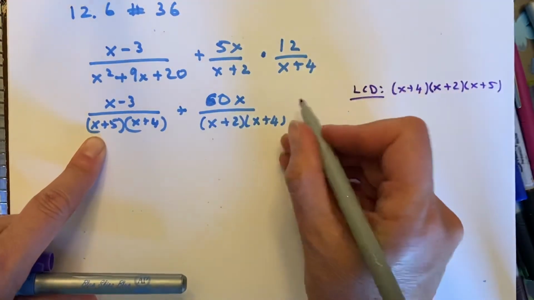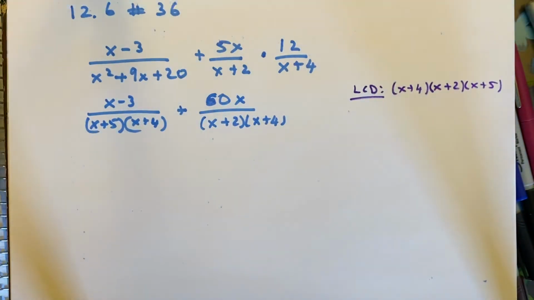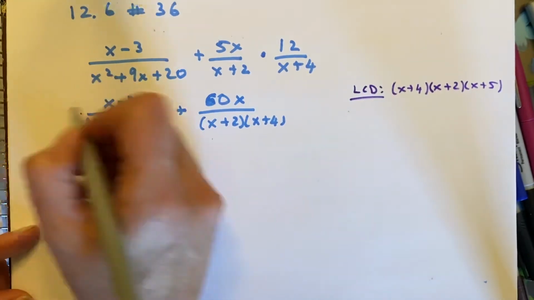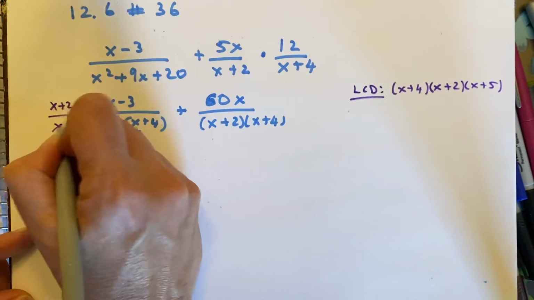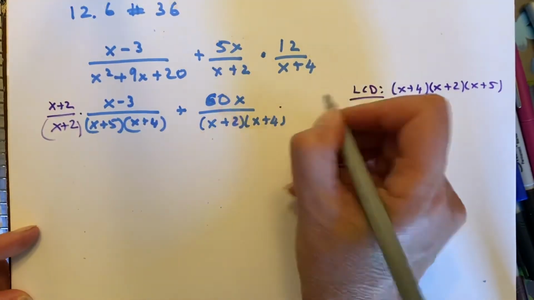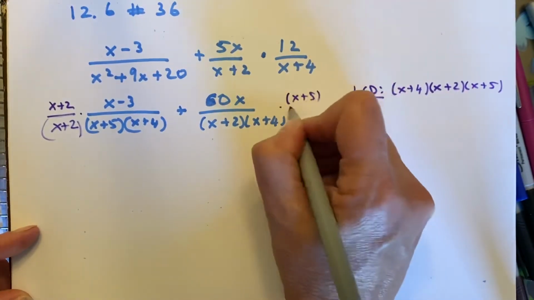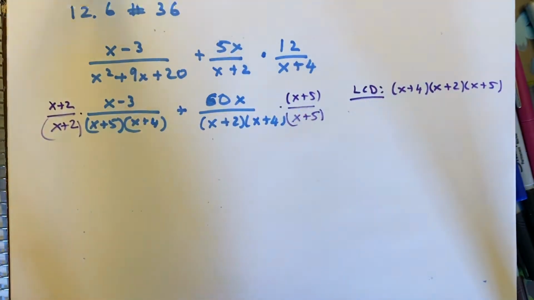So my full LCD is going to be that. So to get to that LCD, I'm going to multiply this top and bottom by x plus 2 over x plus 2 to get the full LCD here. And this I'm going to multiply by x plus 5 over x plus 5.